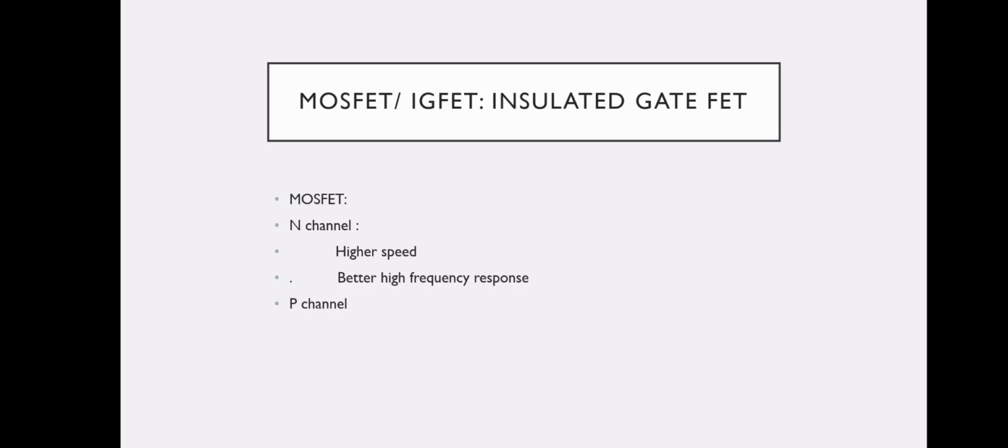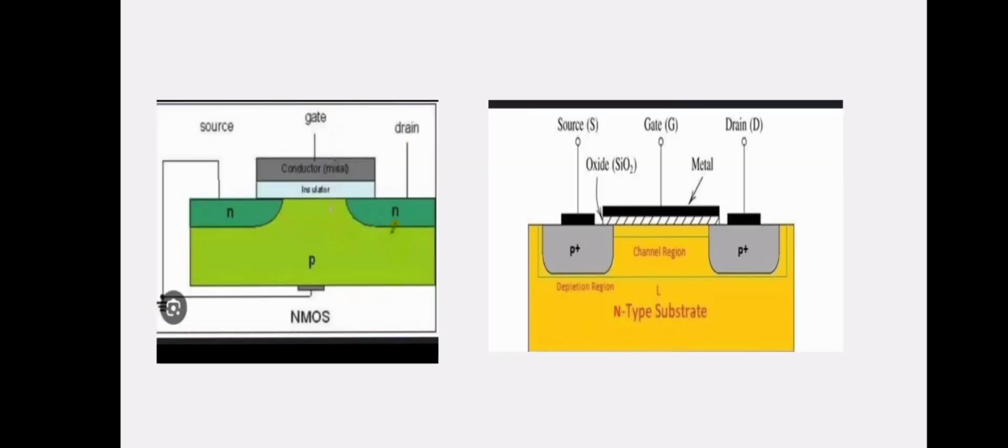Now basically MOSFET can be classified into two, that is N-channel MOSFET and P-channel MOSFET. In the case of N-channel MOSFET, the substrate will be of P material, but the channel induced will be N type, that is the majority charge carriers will be electrons.